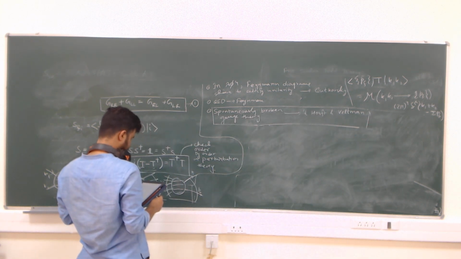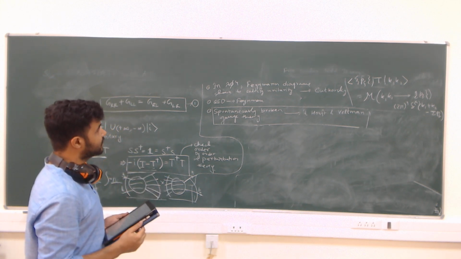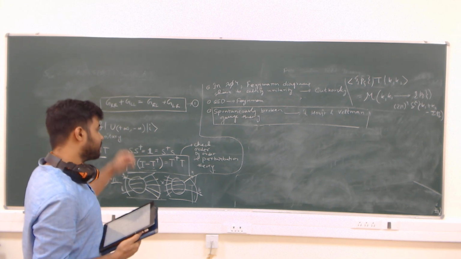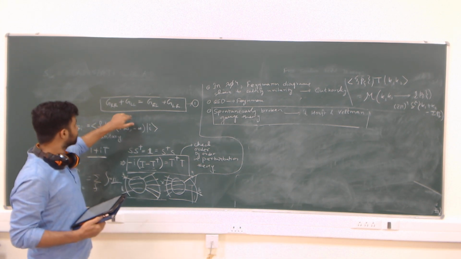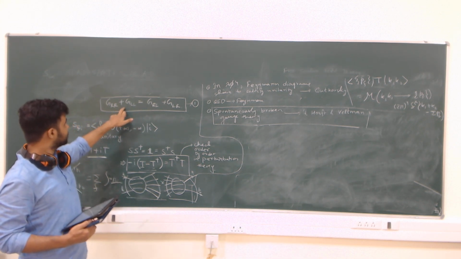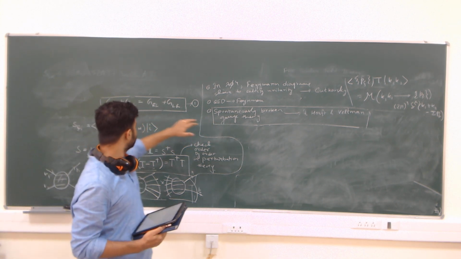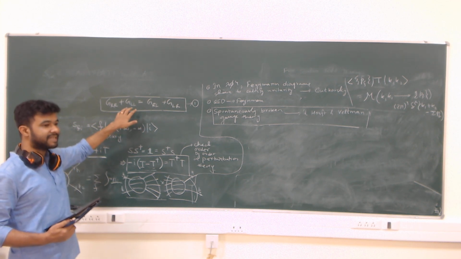And of course, we will get to some equation by looking at which one can say whether a theory is unitary or not. We will see that we get exactly this equation starting from the Feynman rules, and this equation will be true if the unitarity constraint is satisfied.